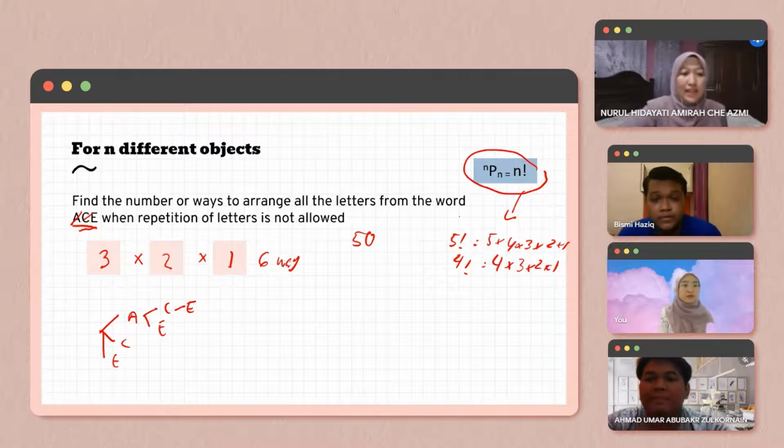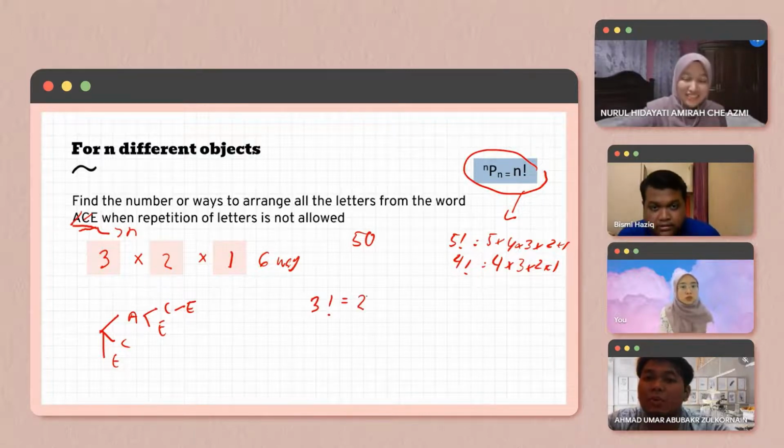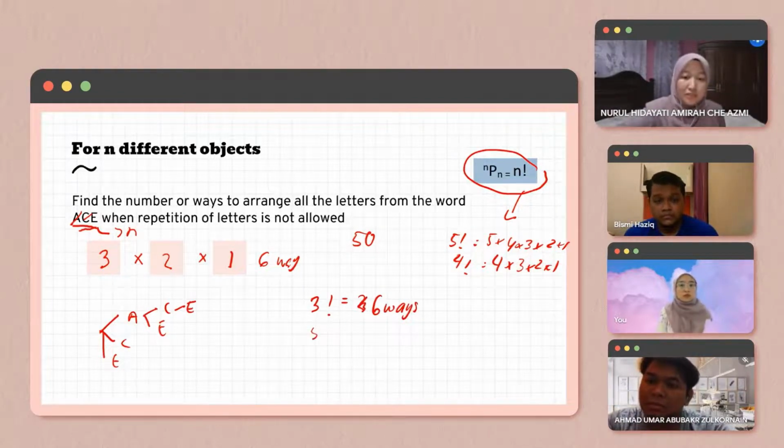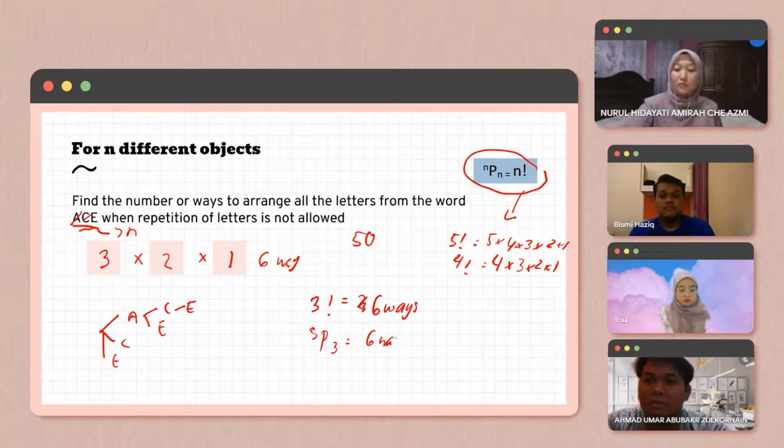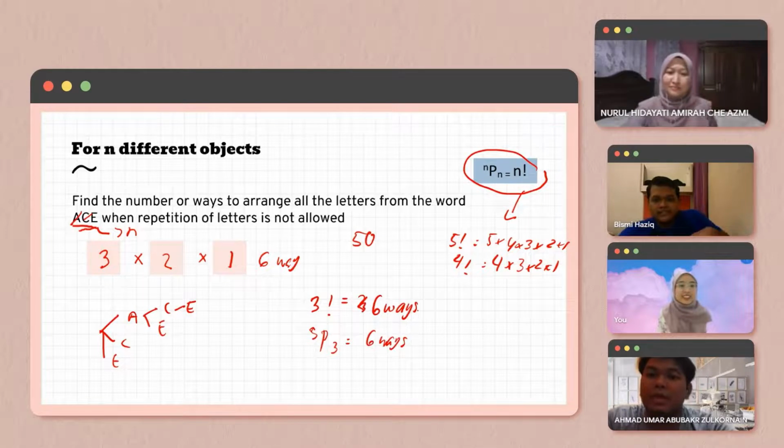Here n is 3, so you just write 3 factorial and we get 6 ways. Or you can write it as 3P3 and you still get 6 ways. Do you understand?